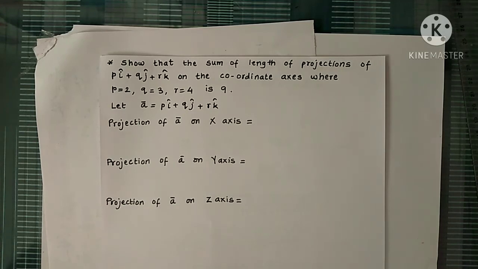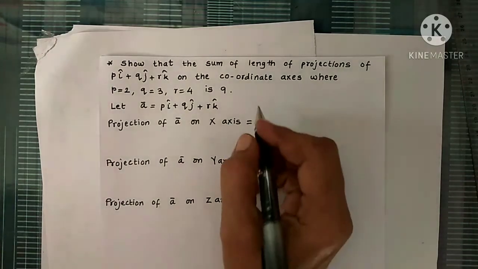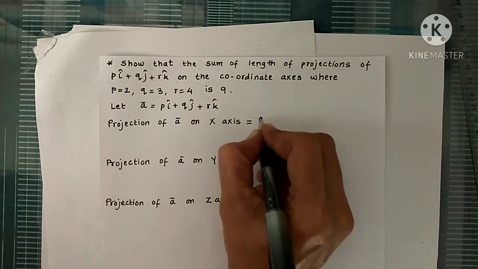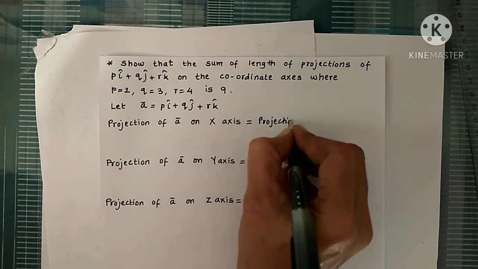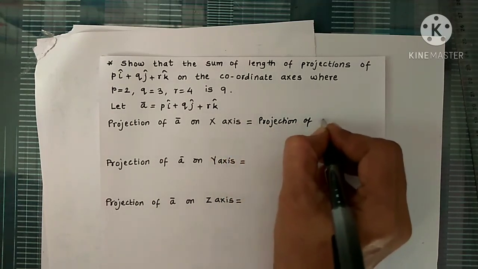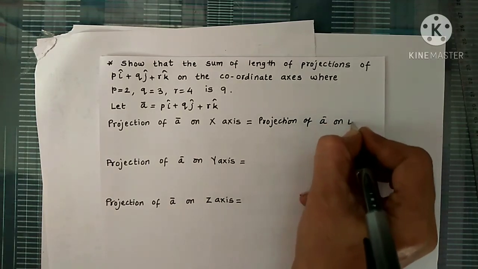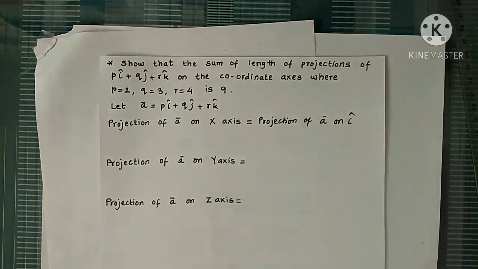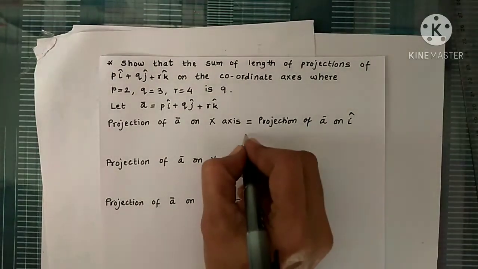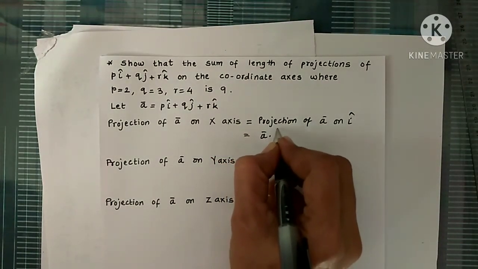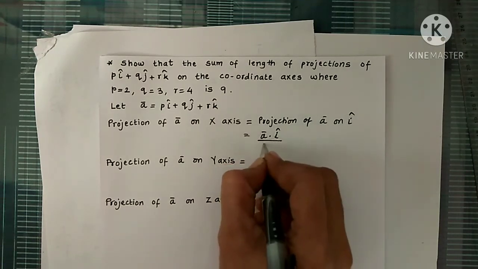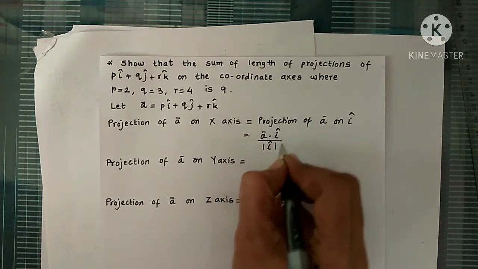So first let's find out projection of A bar on x axis. Now projection of A bar on x axis is same as projection of A bar on i cap, as i cap is unit vector along x axis. So by our formula it is A bar dot i cap upon modulus of i cap.